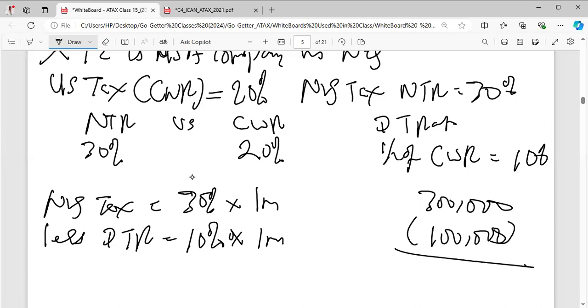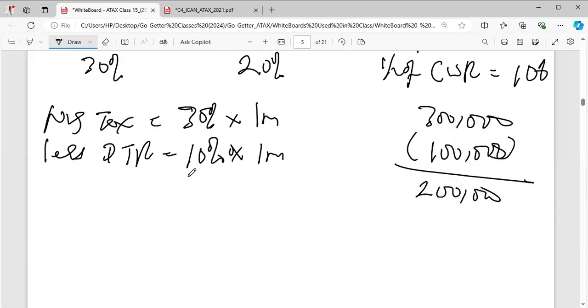So the amount due to pay to Nigeria will be 200,000. So this is the tax payable in Nigeria.